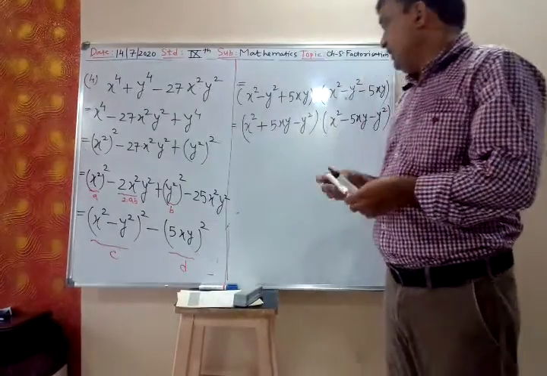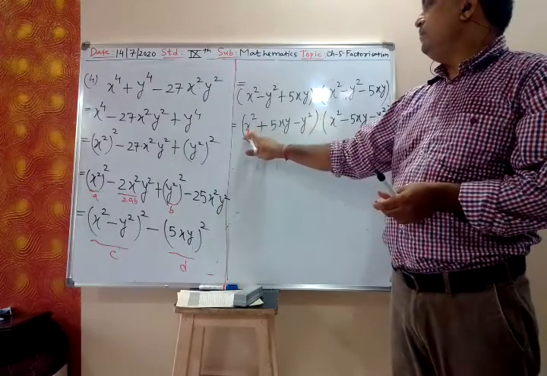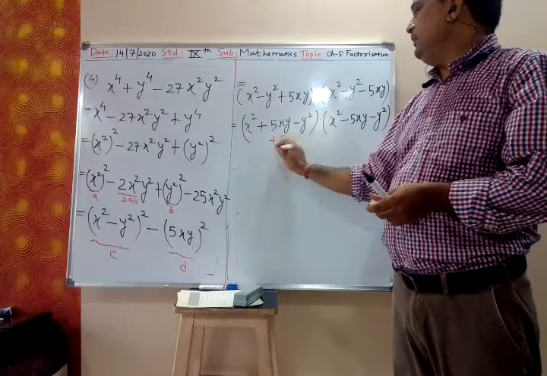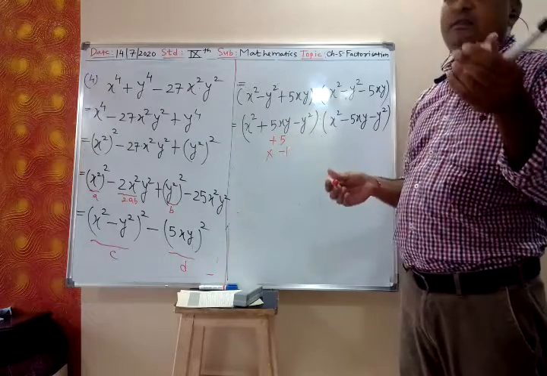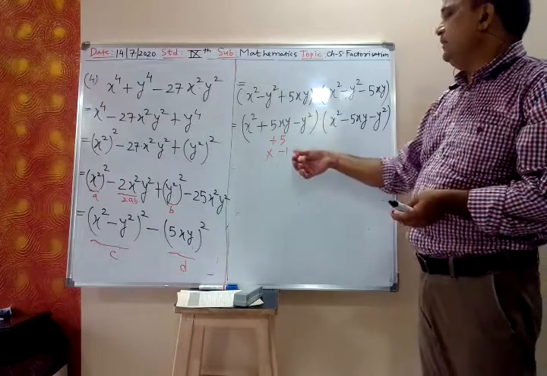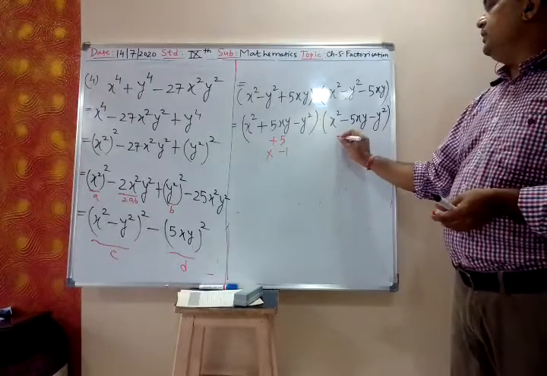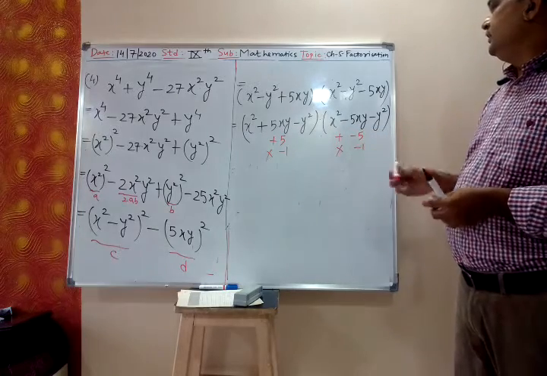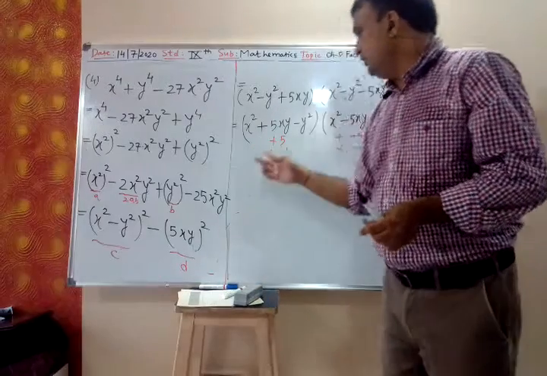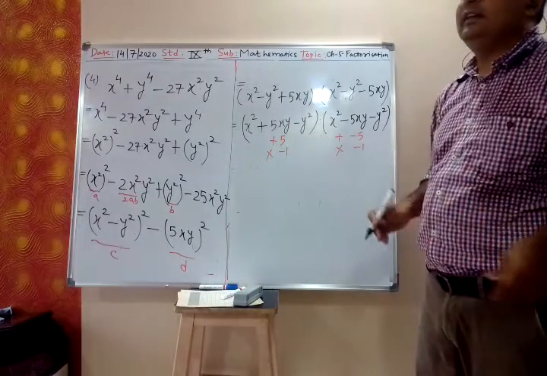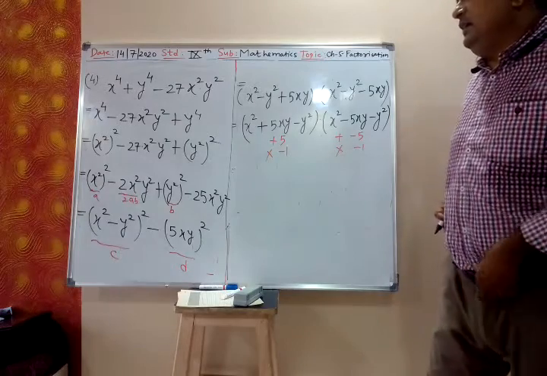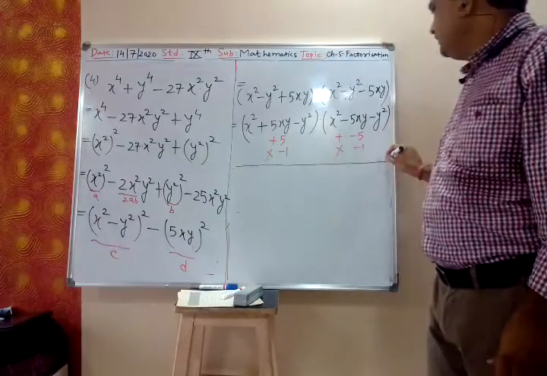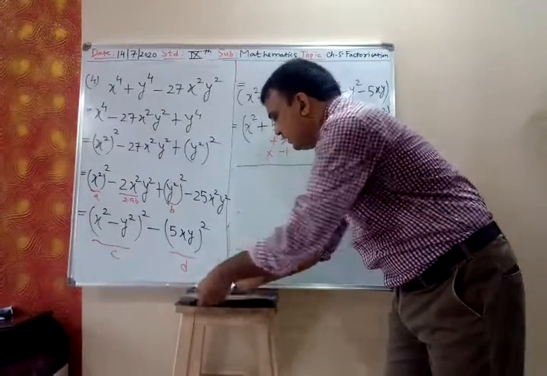We can check: find two numbers whose sum is plus 5 and multiplication is minus 1. There are no such two numbers. So this is the answer. You cannot factorize further.